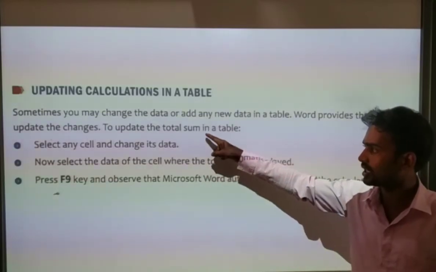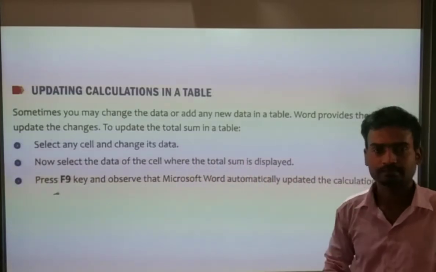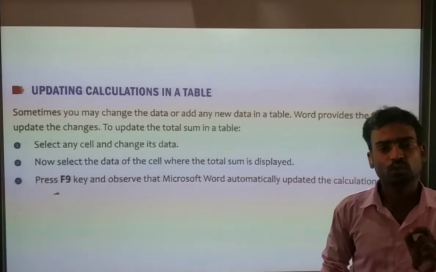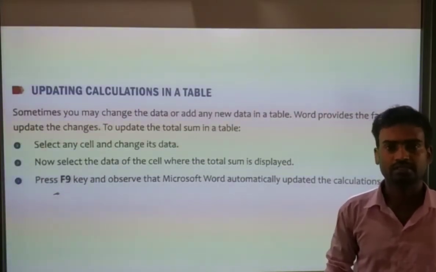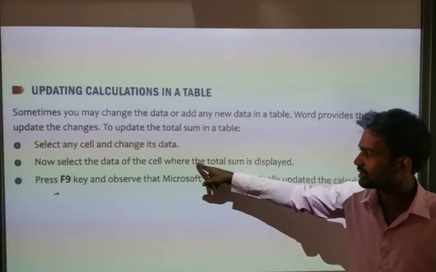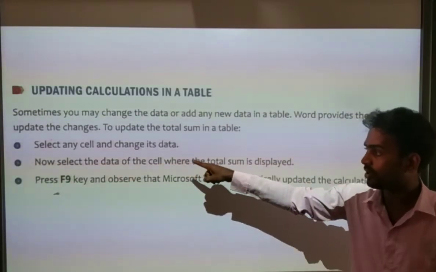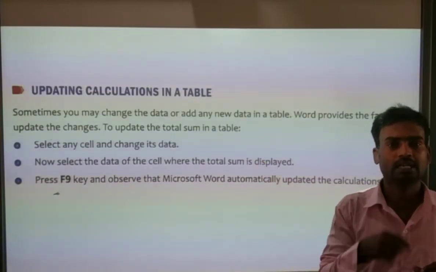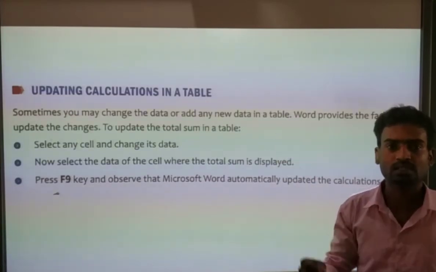To update the total in the table, first change the data wherever you want to change it. Then select the cell where the total sum is displayed. After typing the new number, keep the cursor where the total is shown.